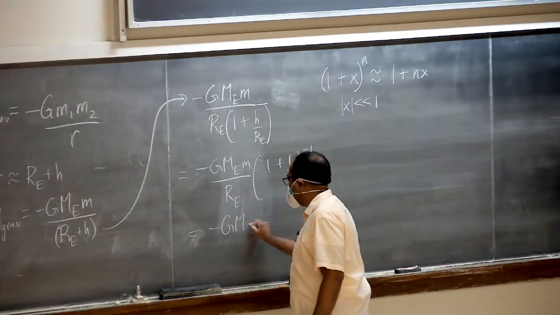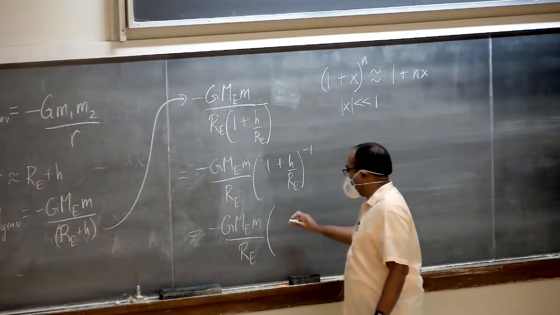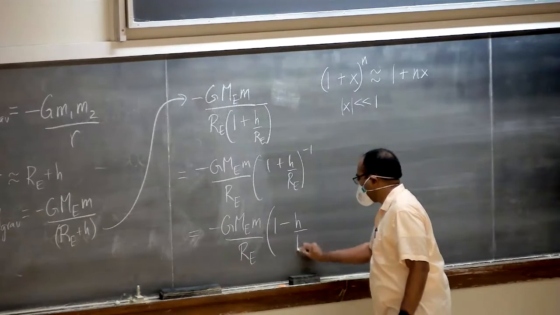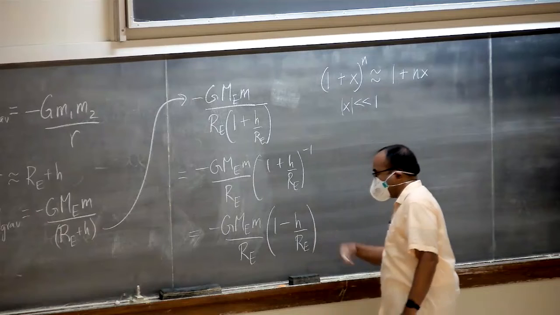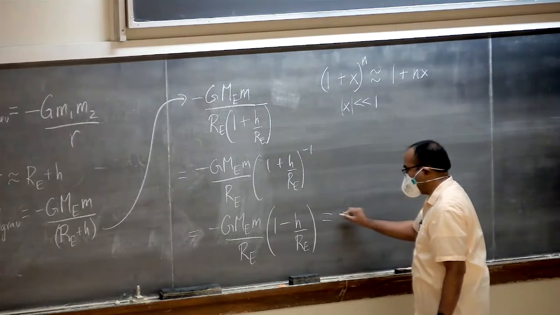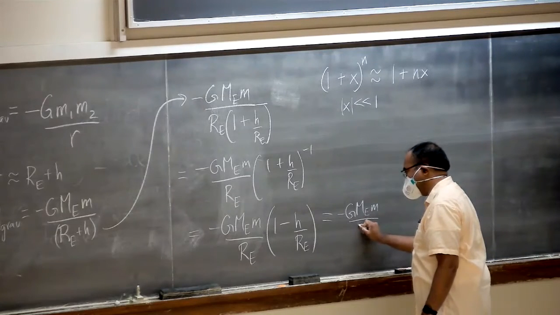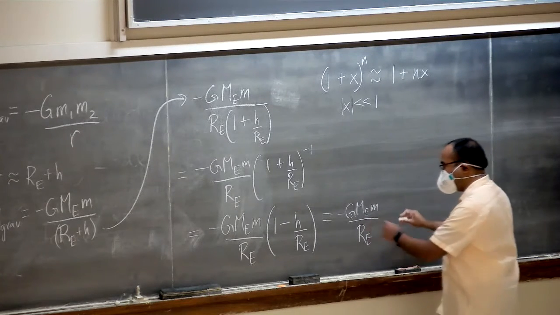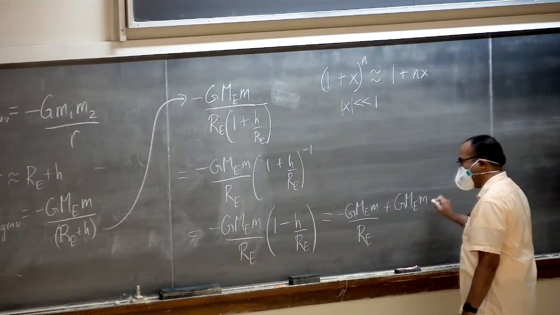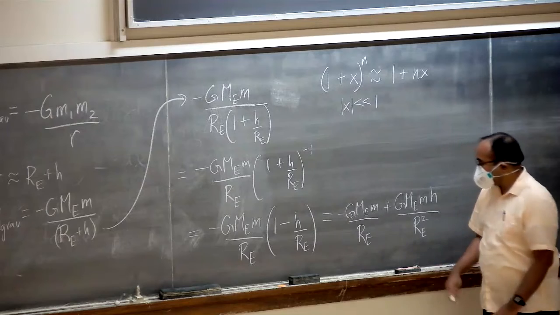So you get, and then roughly it would be 1 minus h over RE. Multiply this through. What do we get? We get this term, and then plus G M E M H over RE squared.